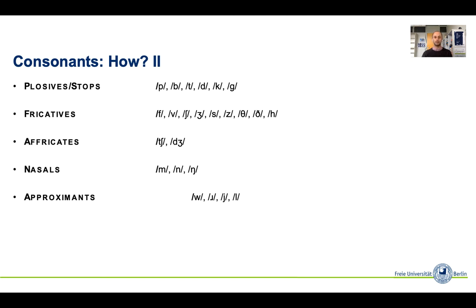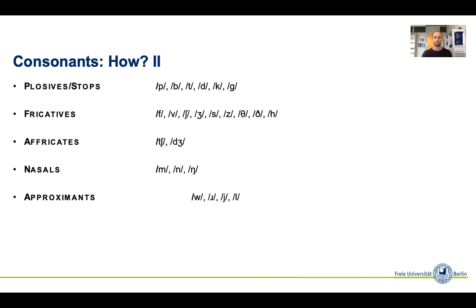And how the obstruction happens enables us to differentiate between the following categories of consonants. We either have the plosives or stops, where the airflow is completely stopped, or we have the so-called fricatives, where the airflow is not stopped completely and there is only a very small opening through which air can flow freely, and that creates friction.